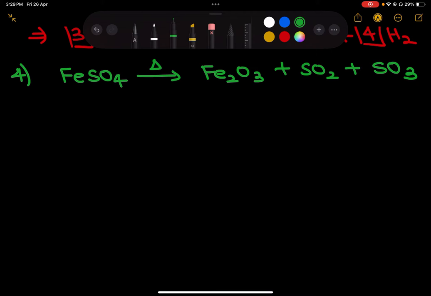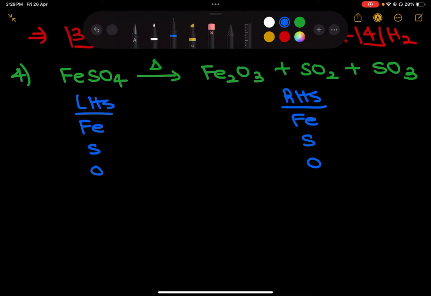So you have to remember it quite well. So anyways, let's balance it. Yeah, LHS, RHS. So be careful, there are many elements here. So we have Fe, S and O, Fe, S and O. So this is ferrous sulfate, which thermally decomposes to give ferric oxide plus sulfur dioxide plus sulfur trioxide.